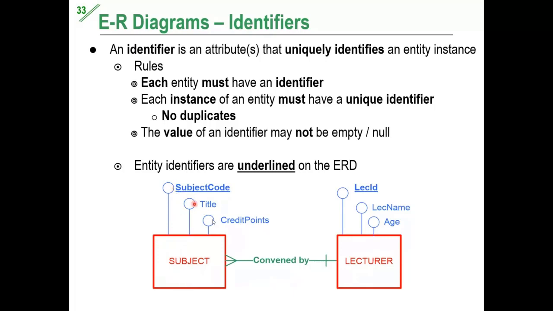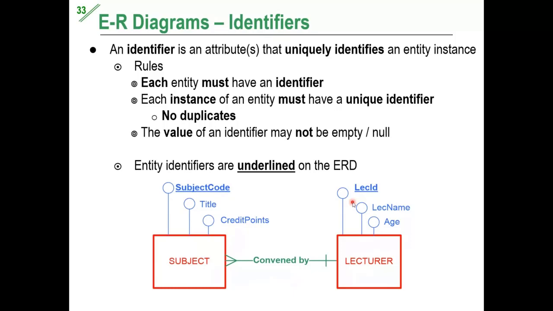When you choose an identifier, choose an attribute or attributes that uniquely identify each record without any trouble. Here I selected the subject code because we don't have any duplicates. Again, I selected the lecturer ID because each lecturer has a different employee ID, a unique number.